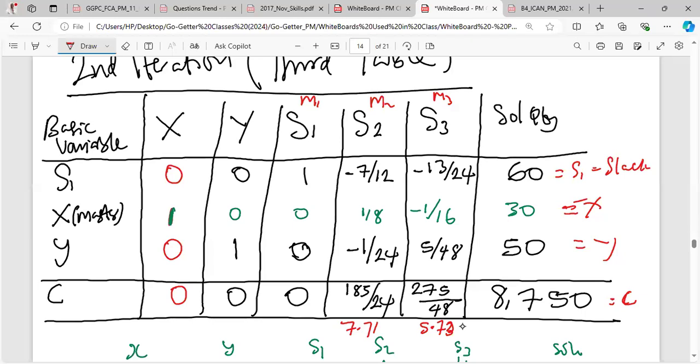So shadow price for machine M2 is this. Shadow price for M3 is this. And this is the slack for S, unused.